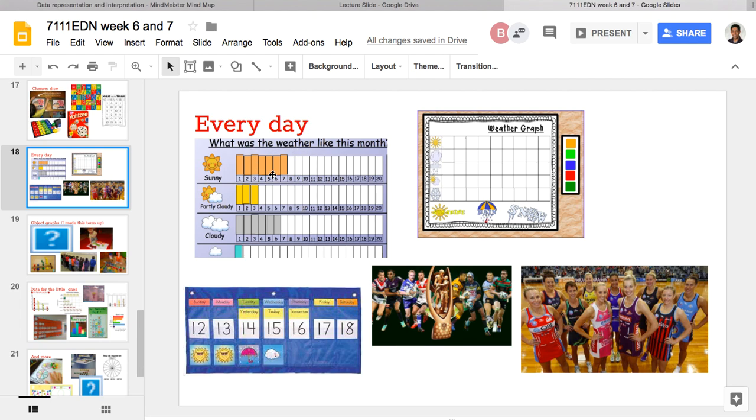In terms of every day, we can also look at sports. So if you are in a school where the kids are absolutely NRL crazy, we'll tap into that. If you are in a school that are absolutely netball crazy, then tap into that. What we are advocating here is that you tap into the interests of the students and also the community.